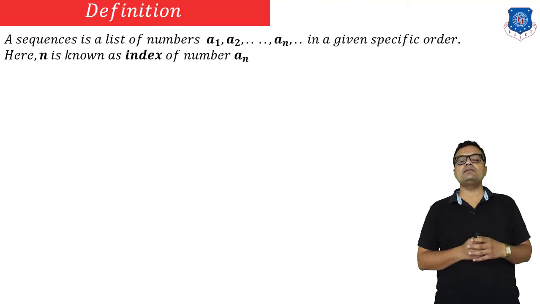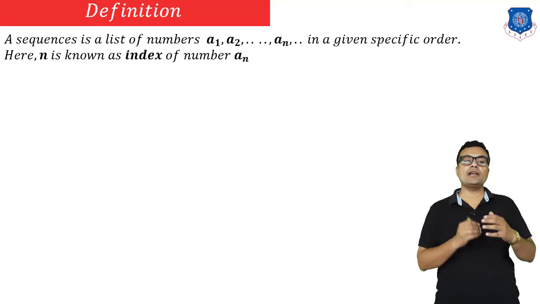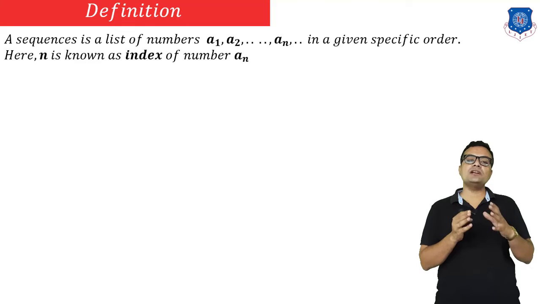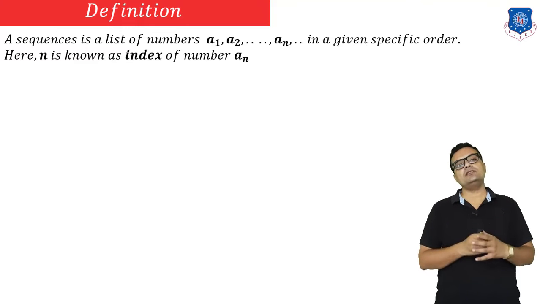Similarly, if I want to find the value of pi, or pi by 3, how can I find that value? For that also we need infinitely many terms in addition or subtraction. That will be our discussion in series. So sequence is nothing but a fundamental block in the part of infinite series.